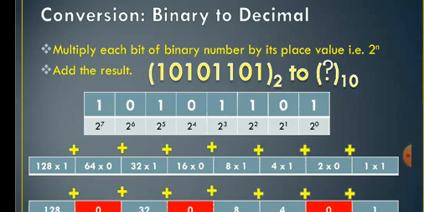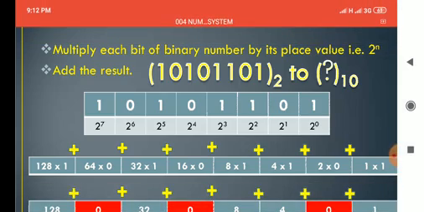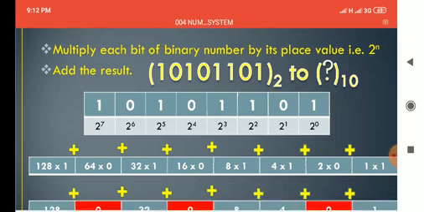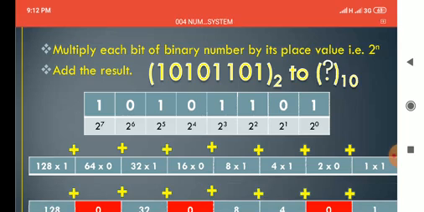We need to start from the right. What is the first digit present? 1. So nearer to that 1, 2 power 0, 0 is 2 power 1, 1 is 2 power 2, again 1 is 2 power 3, 0 is 2 power 4, 1 is 2 power 5, 0 is 2 power 6, 1 is 2 power 7. Multiply all these digits with the given place value and then add all these values.